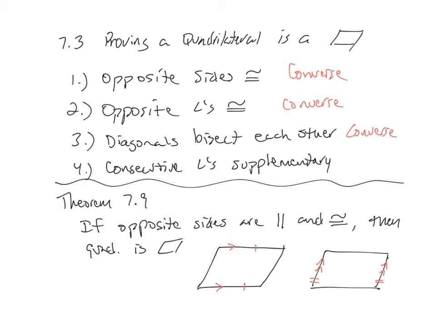Okay, so there will be your first 6 problems. State which theorem you can use to show that the quadrilateral is a parallelogram. And so you're just going to list, not the numbers, but just say opposite sides are congruent, opposite angles are congruent, diagonals bisect each other. You can just say that. Or you're going to say opposite sides parallel and congruent.